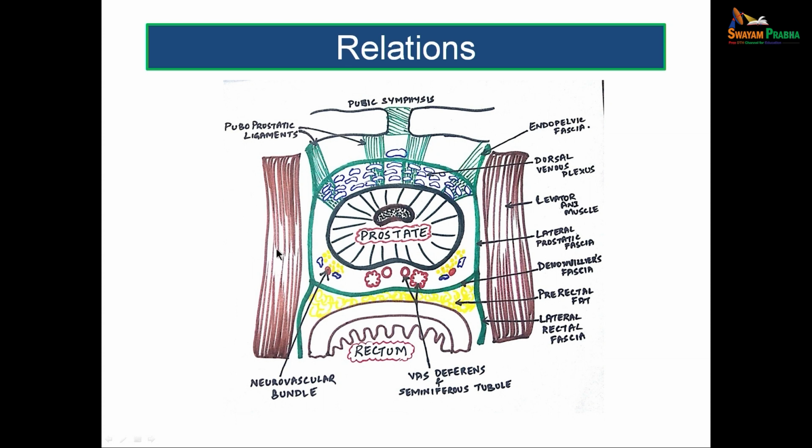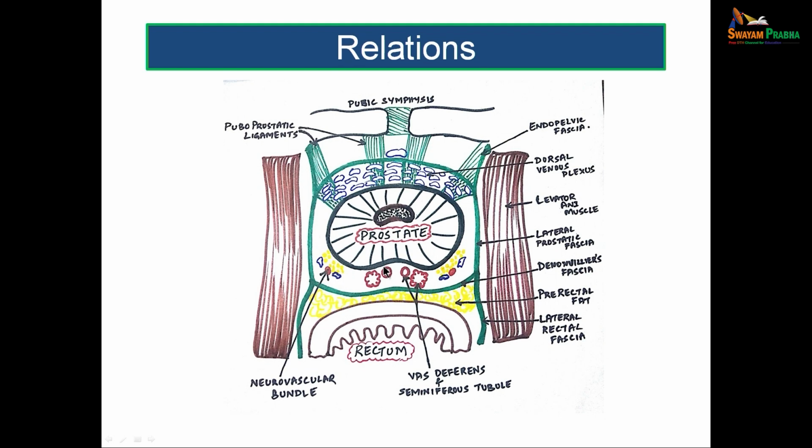Laterally is the levator ani, covered by its fascia, the parietal layer of pelvic fascia. Posteriorly is the rectum, separated from the prostate by a layer of fascia called the rectovesical fascia of Denonvilliers, and posteriorly it is related to the prerectal fat.